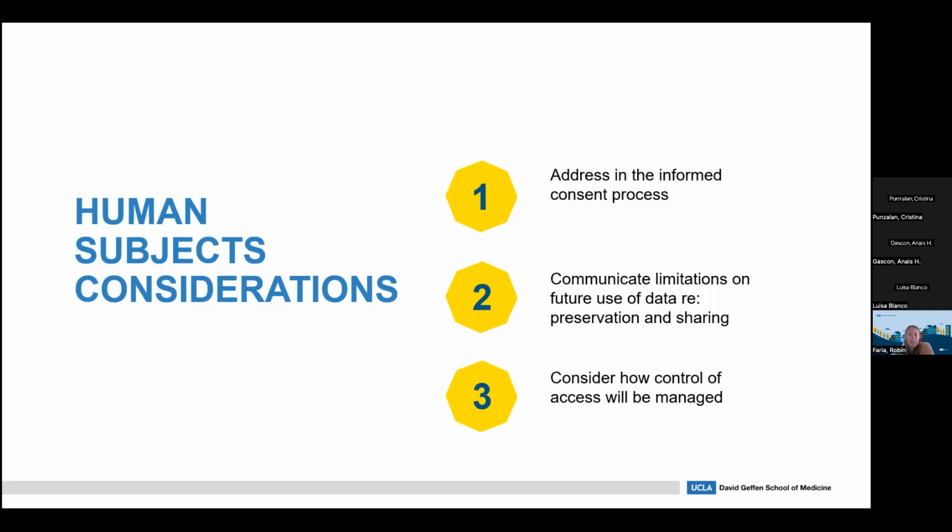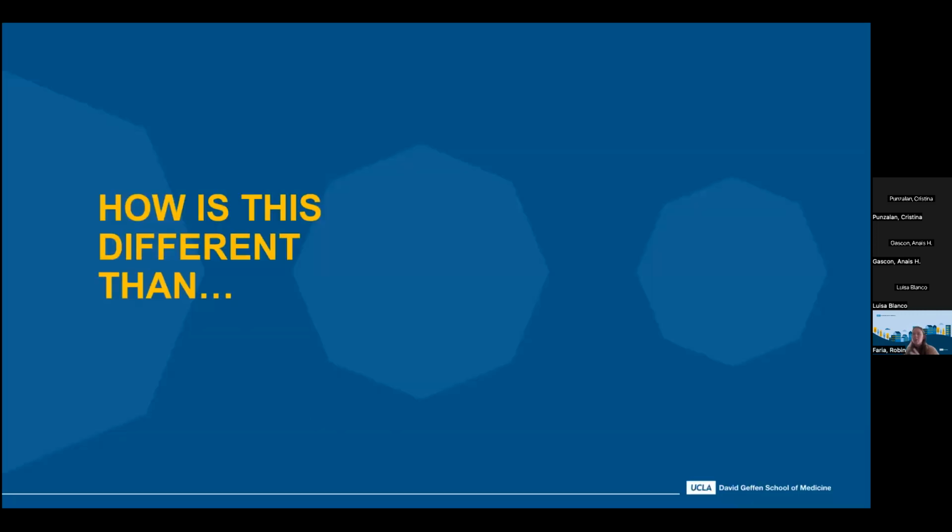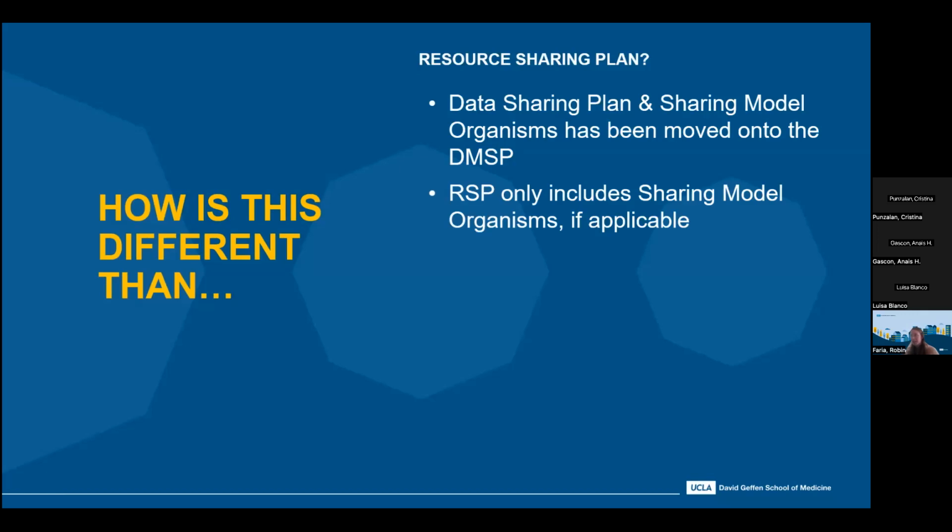A lot of the confusion that we've been seeing on recent grant applications is, how do we tell the difference between what goes in this plan versus what goes in some of the other plans that also exist on a standard NIH grant application? So how is this plan different than the resource sharing plan? In the old resource sharing plan, there were two components.